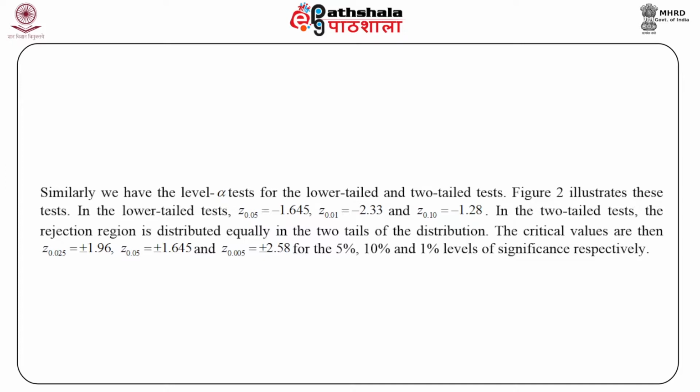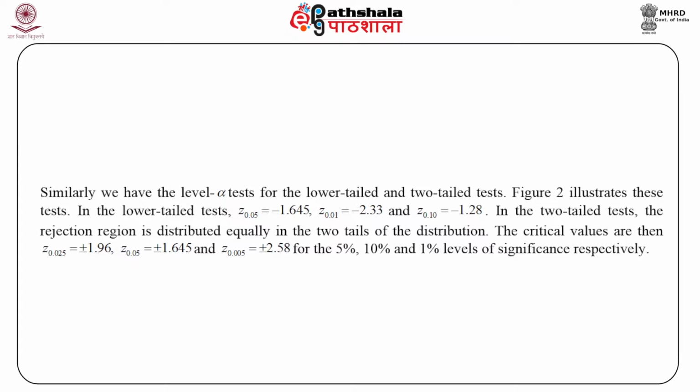In figure 2 we illustrate these tests. In the lower tail test, Z at the 0.05 level is equal to minus 1.645, Z at 0.01 is equal to minus 2.33, and Z at the 10% level, which is 0.10, is equal to minus 1.28. In the two-tailed tests, the rejection region is distributed equally in the two tails of the distribution.